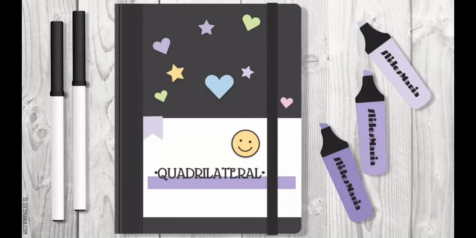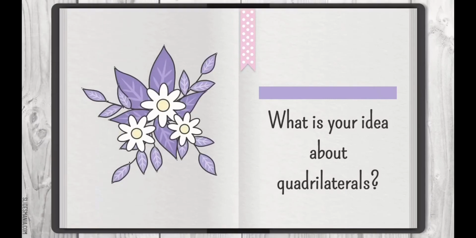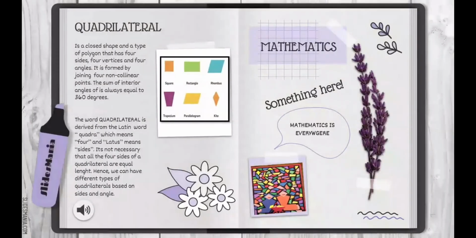Now, the last part I have to discuss is quadrilateral, and I'm going to show you some applications of quadrilaterals in real life. Before that, what is your idea about quadrilaterals? Very good. A quadrilateral is a closed shape and a type of polygon that has 4 sides, 4 vertices, and 4 angles. It is formed by joining 4 non-collinear points.